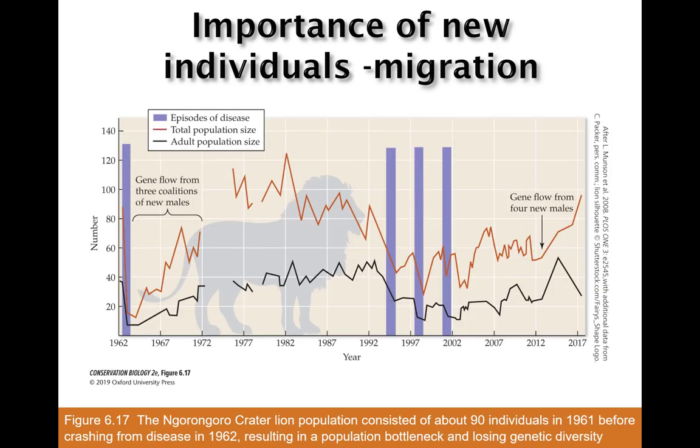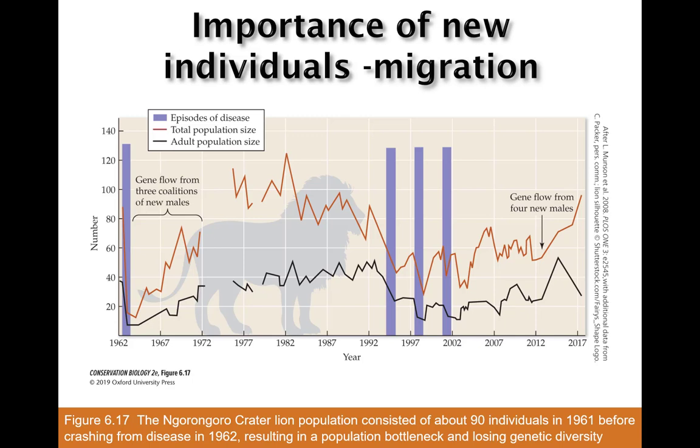So there's a real big importance that new individuals and migration occurs. And the book uses this example of the Ngorongoro crater lion population, which had about 90 individuals before crashing from disease in the 1960s, and it had a population bottleneck, which really caused a huge loss in genetic diversity.